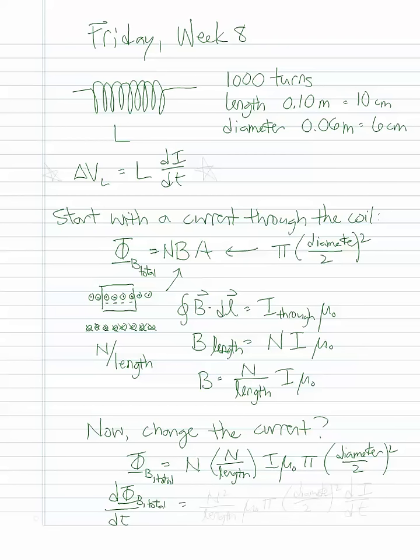And I take a look at this and I realize that the only thing that can possibly change about this flux is that current itself. And so I'm going to write everything out front. N squared all over length times mu naught times pi times diameter over 2 squared. And the only thing that can change here is current.